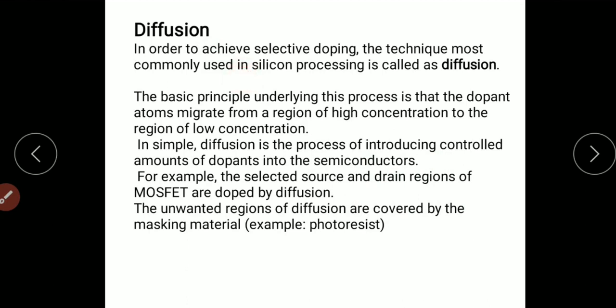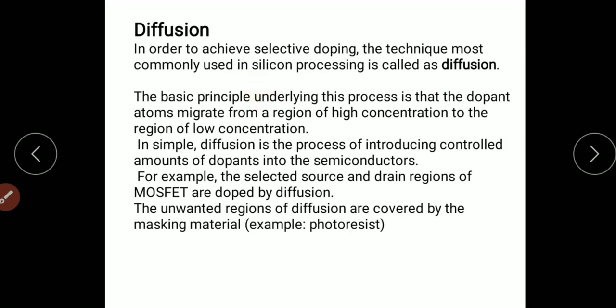from a high concentration area to a low concentration area. What is the use of diffusion here? Once you have developed the gate terminal, you have to diffuse impurities into two regions to form the source and drain regions. If it is NMOS type, then you have to send N-type impurities.